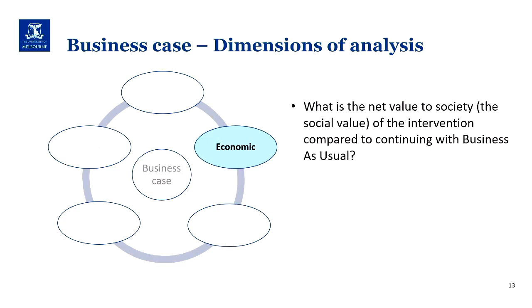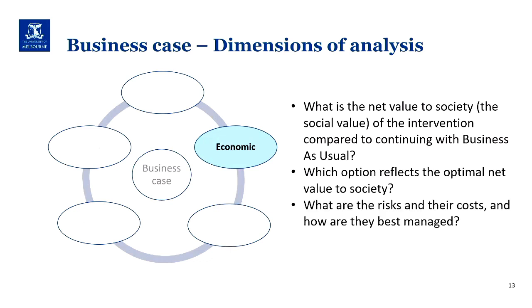You have the current state, and if you continue with that, it's going to be the same, so there's not going to be any change. Then you have to compare your potential options, your potential solutions, with the business as usual case. Then, which options reflect the optimal net value to society? We are going to talk about how to do this.